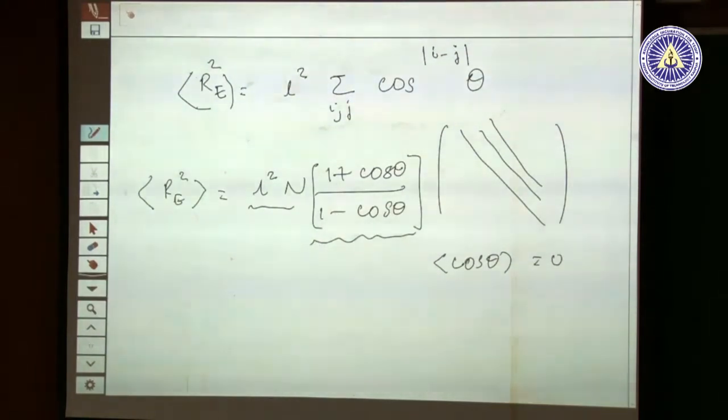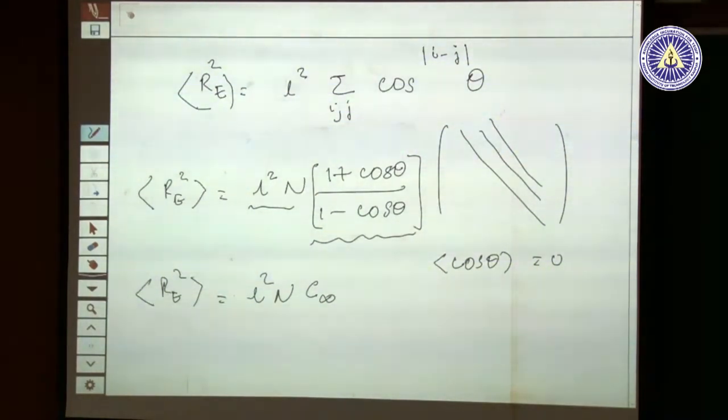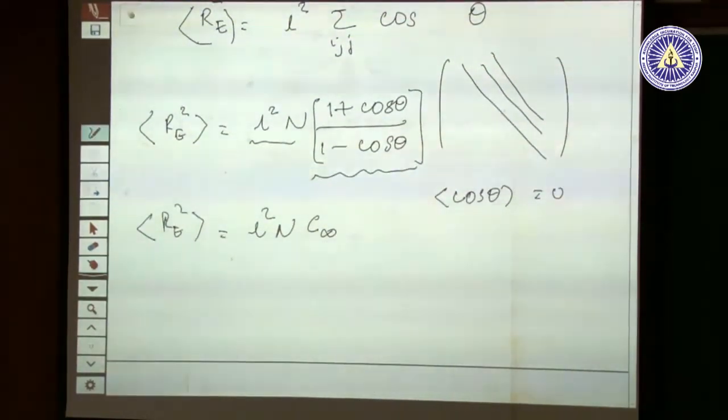So what this term is called, for stiff chains, you call this correction term C infinity, and the infinity comes from the fact that this derivation requires you to consider very large n.